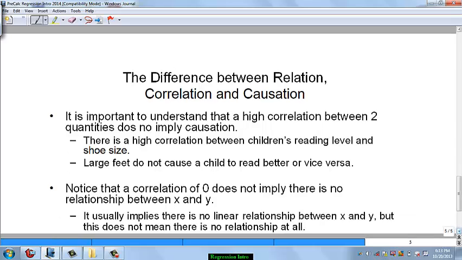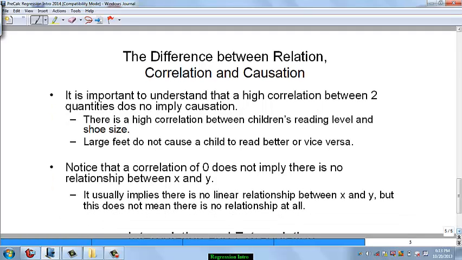Now I do want to go through the difference between relation, correlation, and causation. It's important to understand that a high correlation between any two quantities does not imply causation, meaning that I can pick two quantities and put them together and see if I can find a pattern, but they might not have anything to do with each other. For example, here's one.